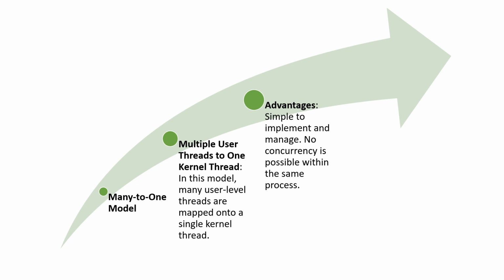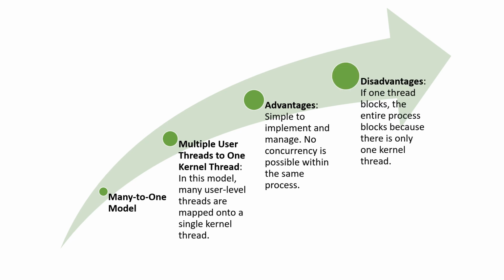The disadvantage is that no concurrency is possible within the same process, and if one thread blocks, the entire process blocks because there is only one kernel level thread. That is, here in this model, many user level threads are mapped onto a single kernel level thread. So if one thread blocks, the entire process blocks because there is only one kernel thread.